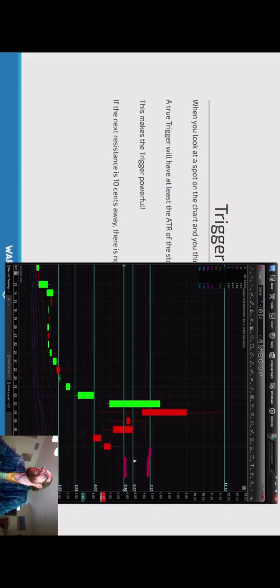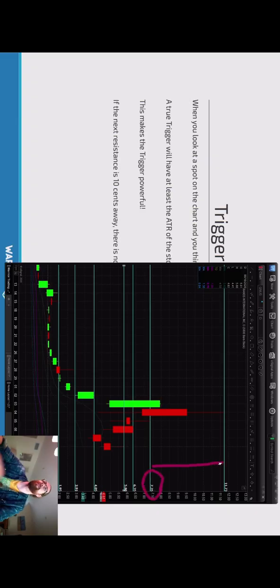I would typically say resistance will be if we don't really have anything obvious above it. This looks like a trigger because above that level we've got room, but sometimes triggers do serve as resistance because it's so significant, it's so obvious, traders are watching it, and it cannot break through that level. So a trigger can be a resistance point.